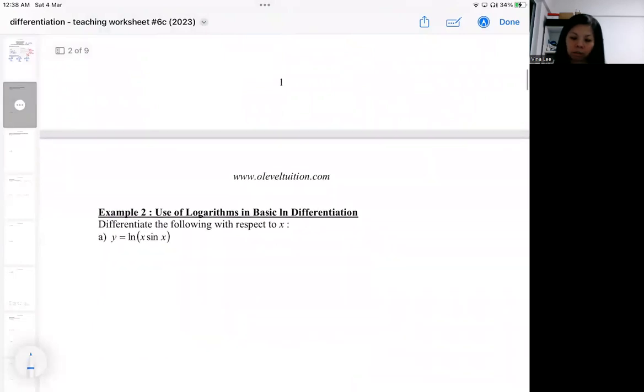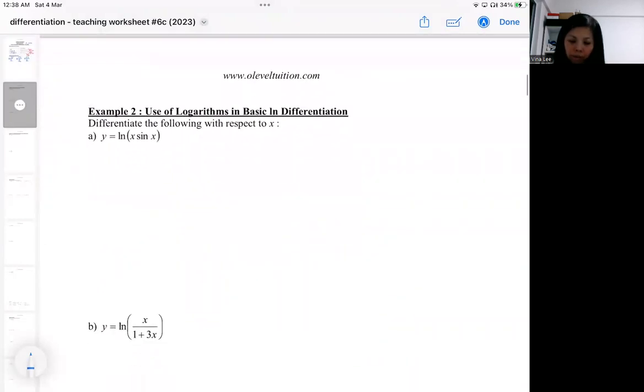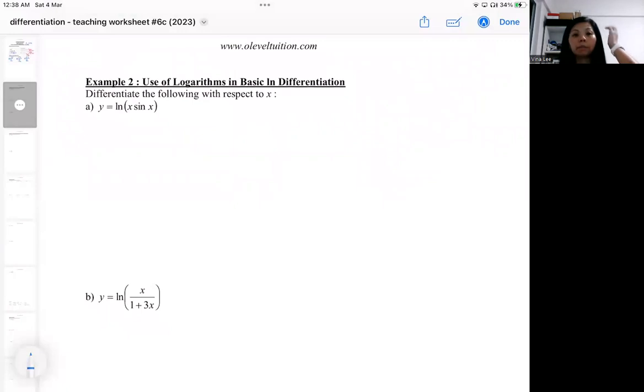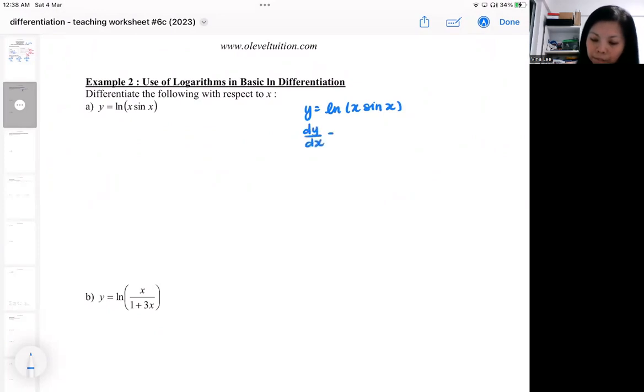Okay, then maybe you can take a look. When do we use logarithm rules? And what happens when you don't use a logarithm rule? I will show you this one. If let's say you fail to see the logarithm, you got to disappear the ln function first.